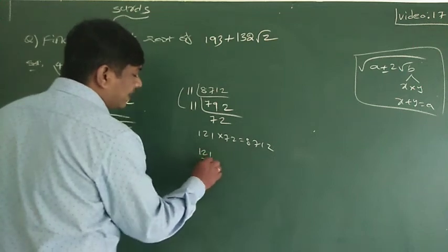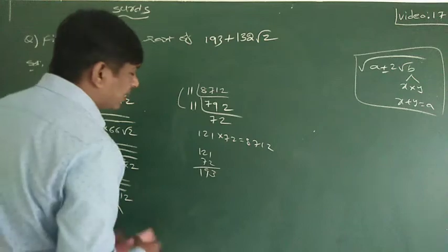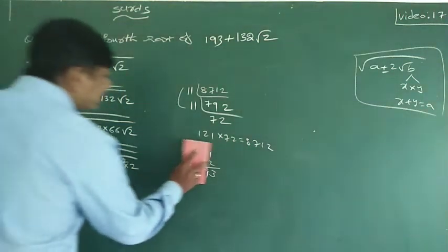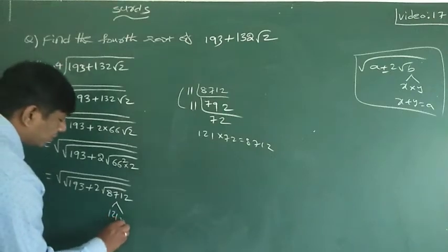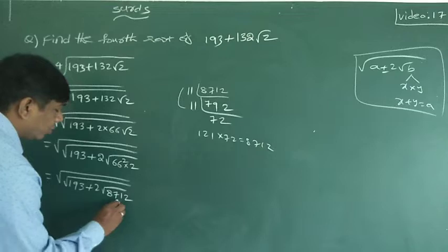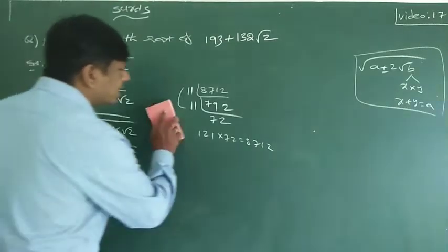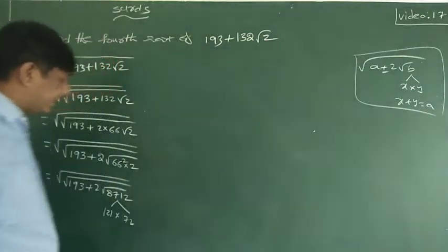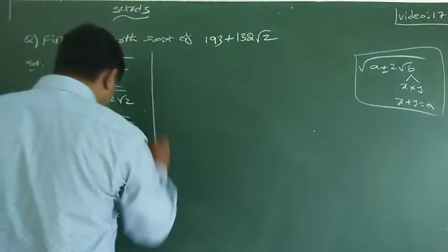Now 121 plus 72 gives 193. So this can be written as 121 into 72. 121 plus 72 is equal to 193.